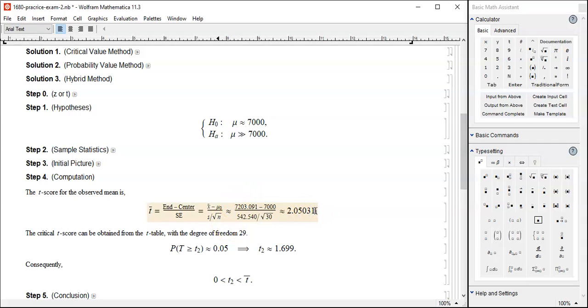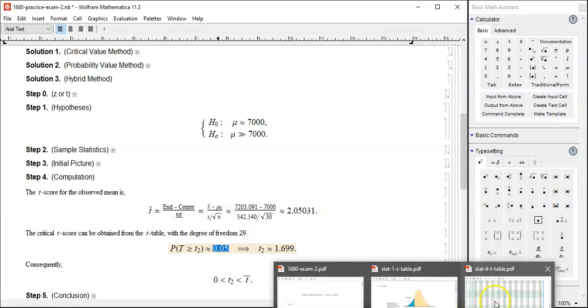Run your calculator, and we get 2.05031, the same number as in solution 2, the probability method. So far, this method is like the probability value method. But instead of calculating the probability value based on this, we find the t-statistic associated with the probability 0.05.